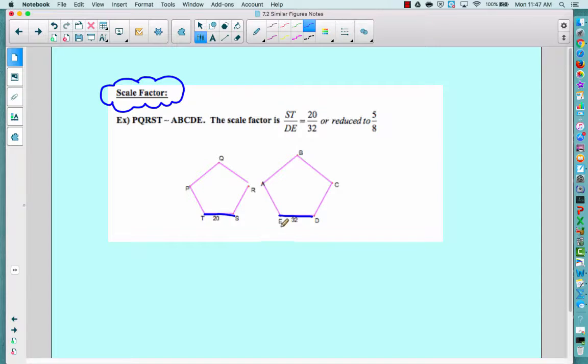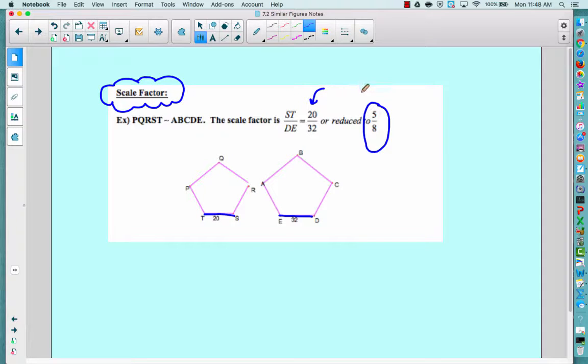So I can take those values and write a ratio, 20 over 32, and that we call the scale factor. That means that PQRST and ABCDE have a scale of 5 to 8. Why 5 to 8? Because 20 over 32, we're always going to want to reduce.